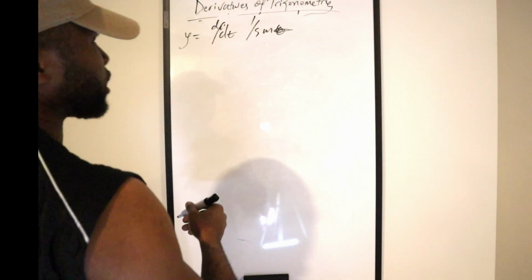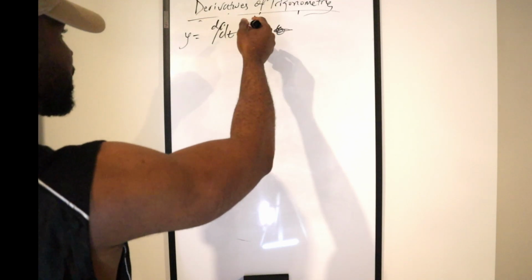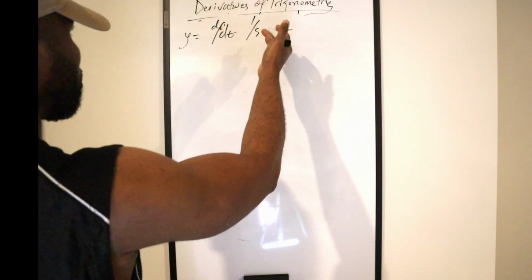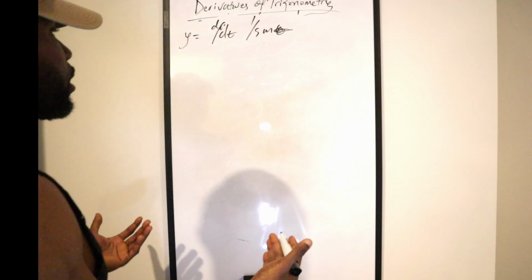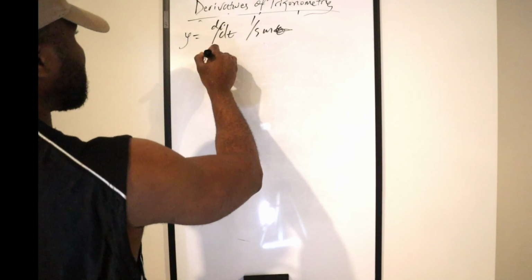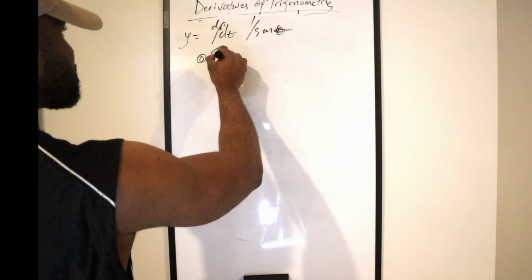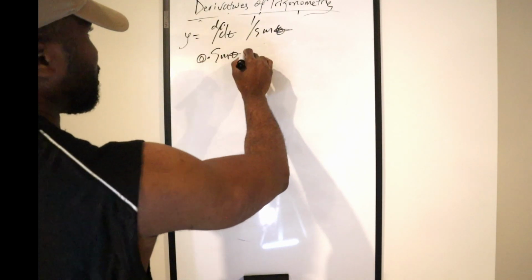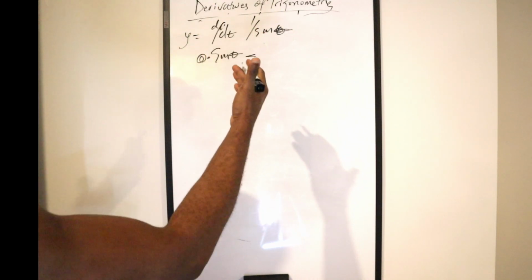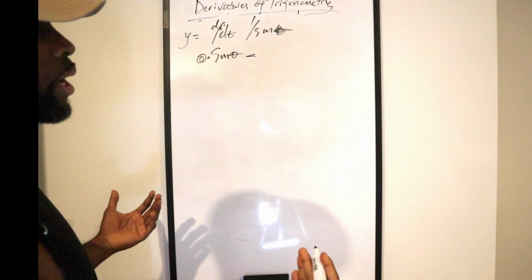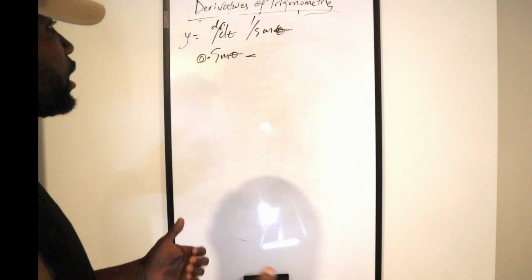So 1 over sine theta, you differentiate the numerator. The numerator here is 1. Differentiating a number is 0. So 0, keep the denominator constant, sine theta, minus differentiate sine theta will give you what? Cos theta.